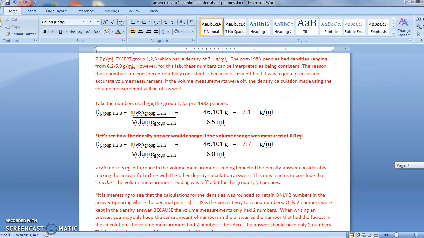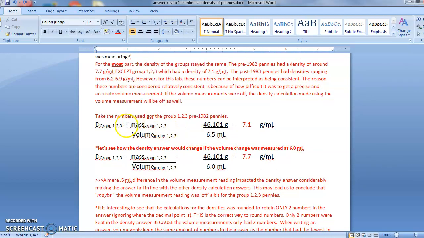Take a look here. The density when they had 3 groups of pennies was 7.1. Most of the other ones were 7.7. That's because we thought the volume change was 6.5. If we misread that 6.5 and it was really just 6.0, the density of group 1, 2, and 3, the mass stayed the same, but if we read the graduated cylinder again, we might have had 6.